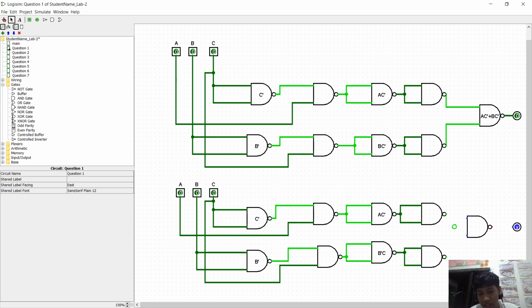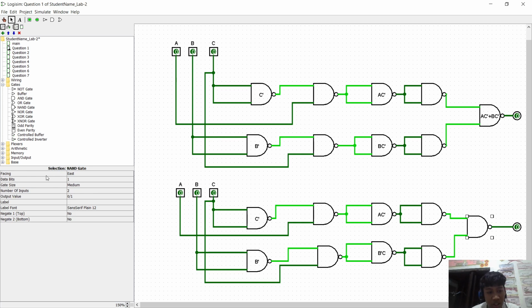And then lastly, which will be the output, we will be connecting it here. And the output there will be AC prime plus B prime C. Why plus? Because it is OR.